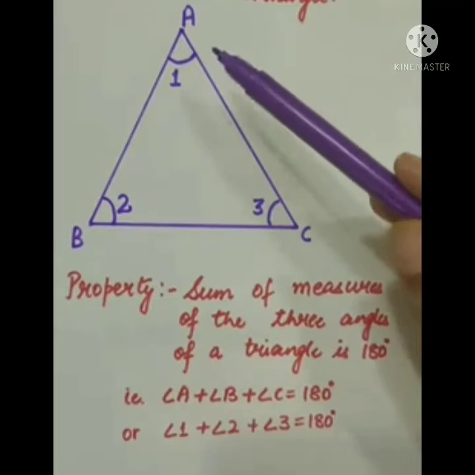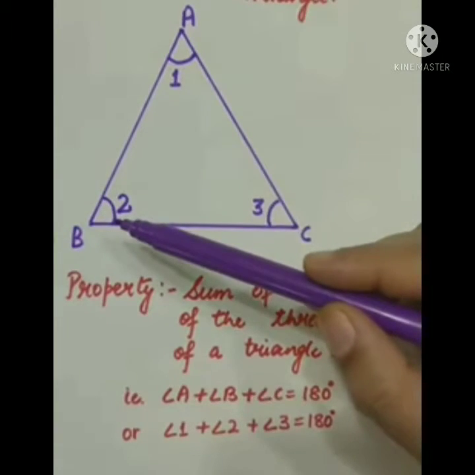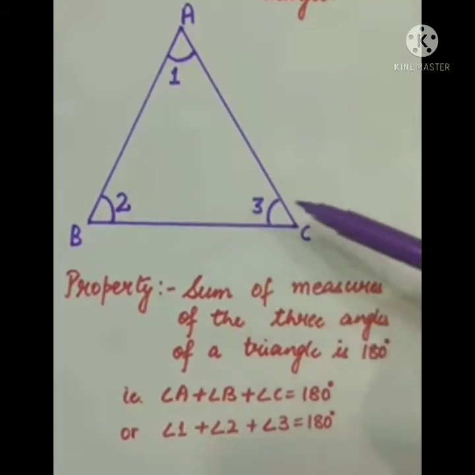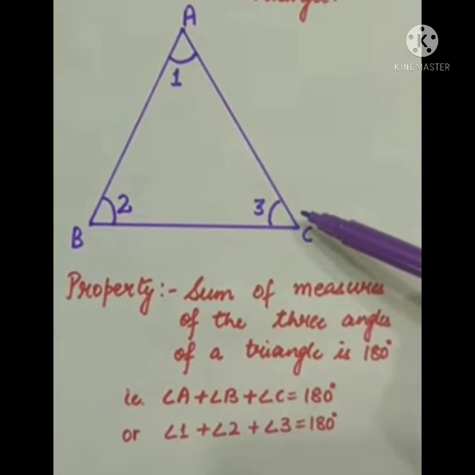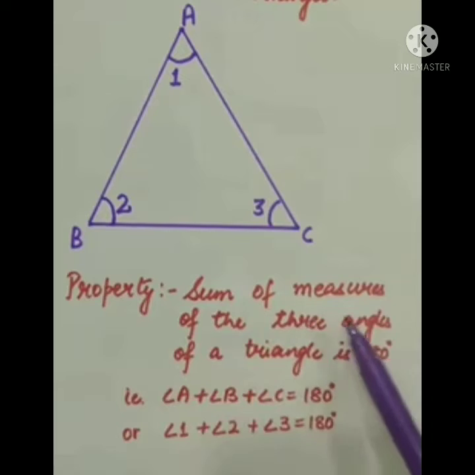In triangle ABC, we have three angles, angle 1, angle 2 and angle 3, and we will find the result based on these three interior angles. So the result or property is: the sum of measures of three angles of a triangle is 180 degrees.